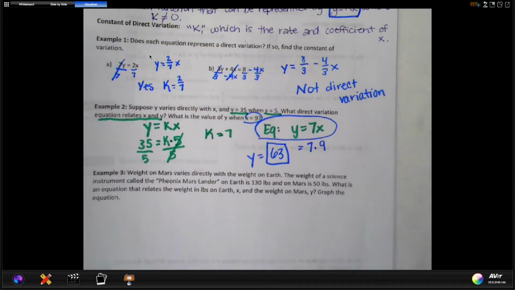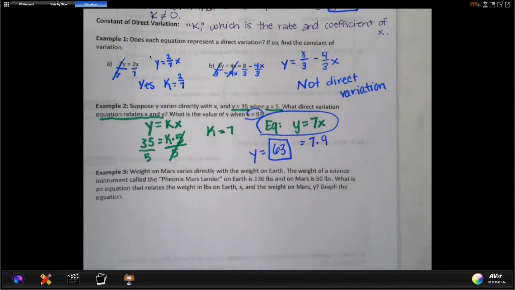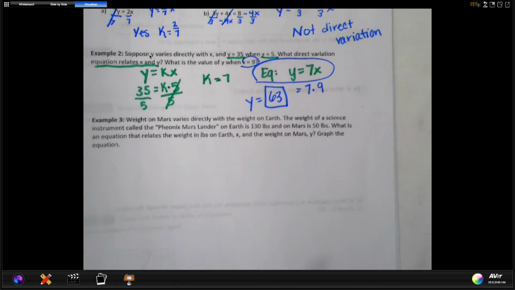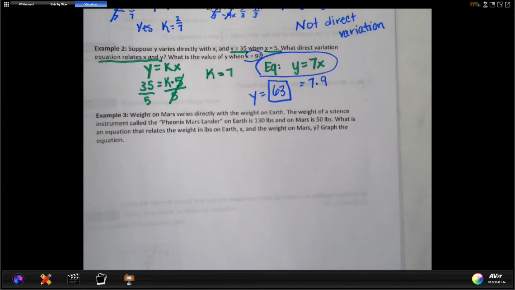All right, last one is to do this with a real life example here, okay? And this one is actually out of our textbook, but it's actual data here. So weight on Mars varies directly. You'll probably notice that when you read some of these now. Varies directly with the weight on Earth, meaning it's going to make that form, y equals the constant times x.